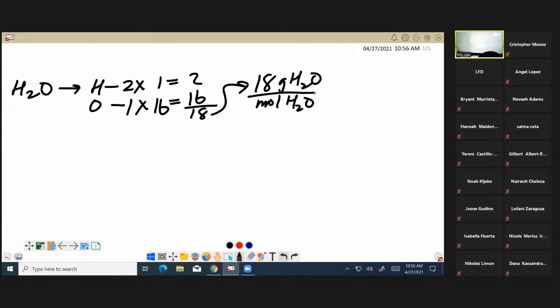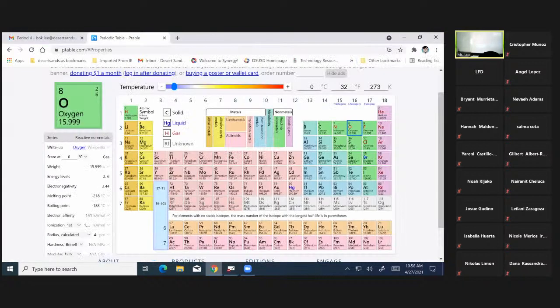Okay. Next one is KCl, potassium chloride. Well, there's only 1 potassium and only 1 chlorine, so that's easy. We go to our periodic table. Potassium is right here, it's 39. And chlorine is right here, which is 35.